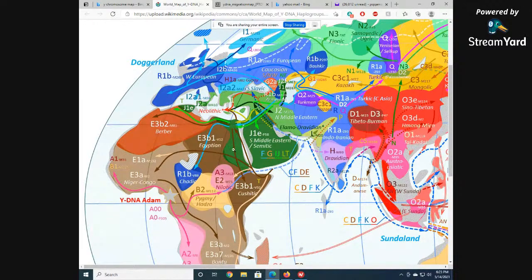There's a whole range of Semitic people to be identified: the Eberites, the Ammonites, the Moabites, just a whole range of people, the Edomites, and all that stuff.